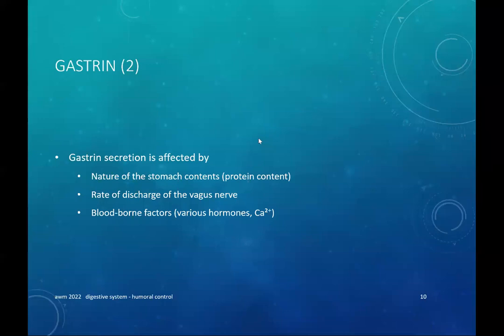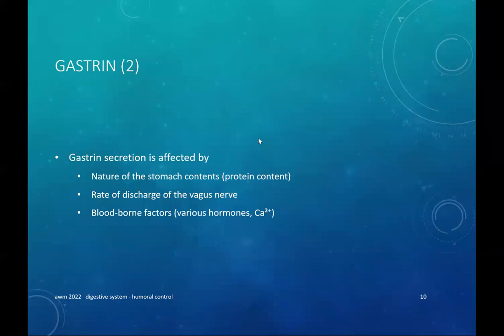So you can see that if you want to influence the release of gastrin, it's not just one way, there are three pathways. We said the content of the stomach: if you want to reduce gastrin release, eat less protein, because the more protein there is in your meal, the more it stimulates gastrin secretion.